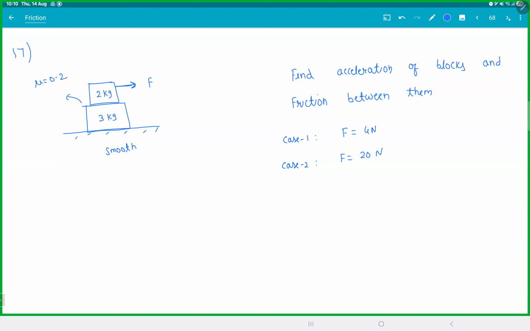If you apply 20 newtons, what is the acceleration and the friction? Think. Take a minute. Then I'll show you how to handle these problems.